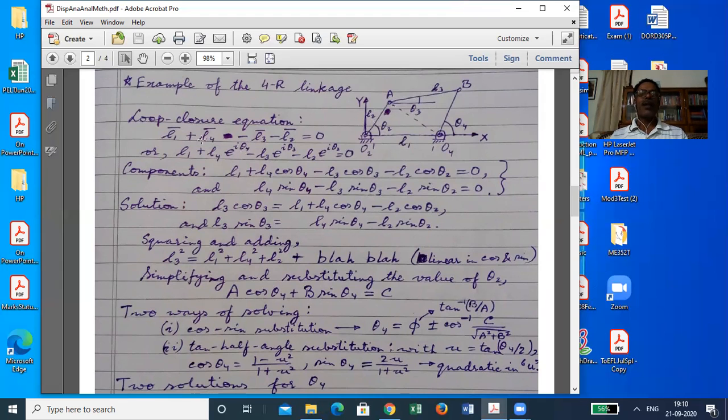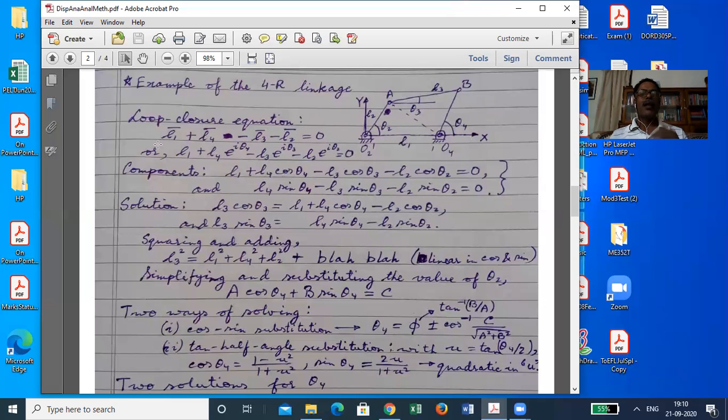So L1 plus L4 minus L3 minus L2 equal to 0. So this vector O2O4 is L1, O4B is L4, O2A is L2, that is why AO2 is minus L2. Similarly, this one. Okay. So this is the vector equation, or complex equation if you like.